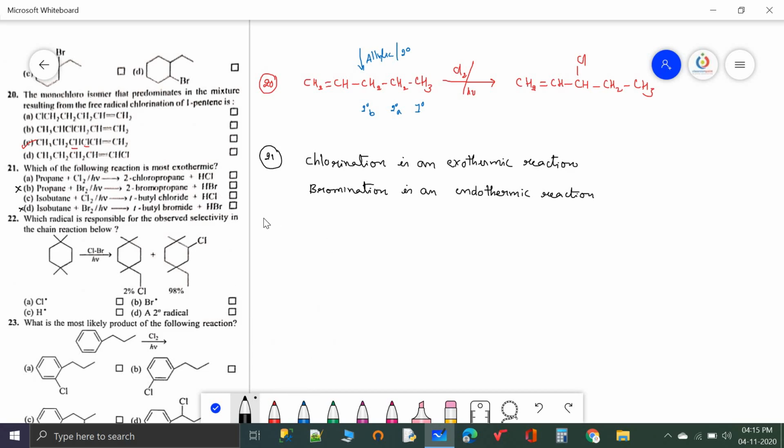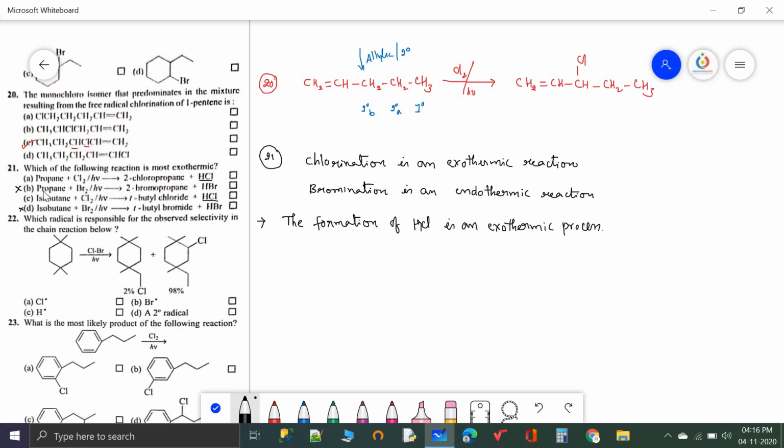In these chlorination reactions, the reason energy is released is that the formation of HCl is an exothermic process.